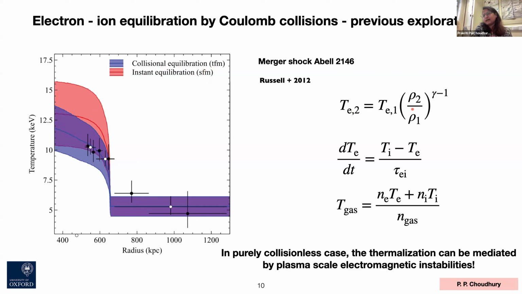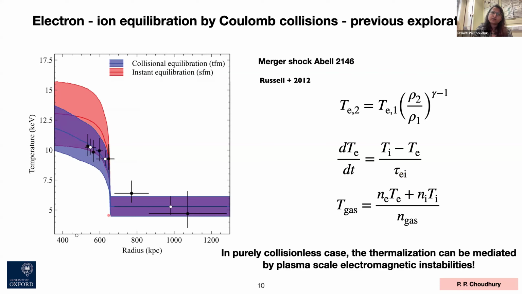The way this model works is there is adiabatic compression, and then with the assumption that the kinetic energy is conserved across the shock, one can solve this within the length scale of how far the shock moves within this tau electron-ion, which is the collisional timescale.